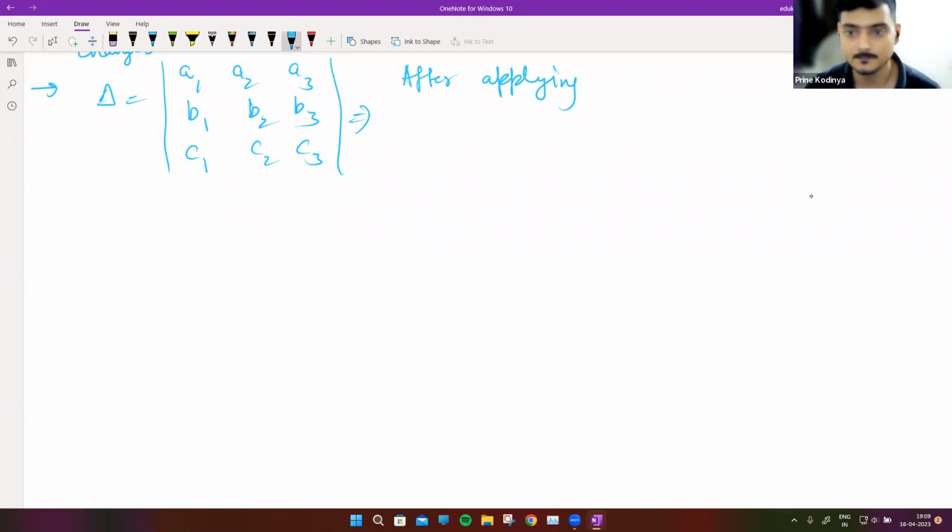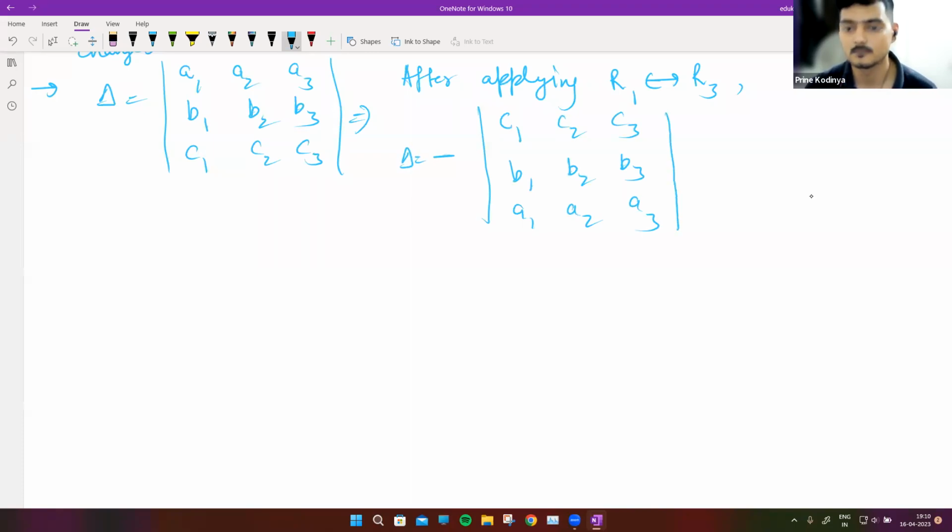So let's say I'm interchanging row 1 with row 3. This is the sign for interchange we have discussed. So this becomes minus times first of all, because we have interchanged 2 rows, and then C1, C2, C3, B1, B2, B3, and A1, A2, A3. You can again interchange whatever you want.